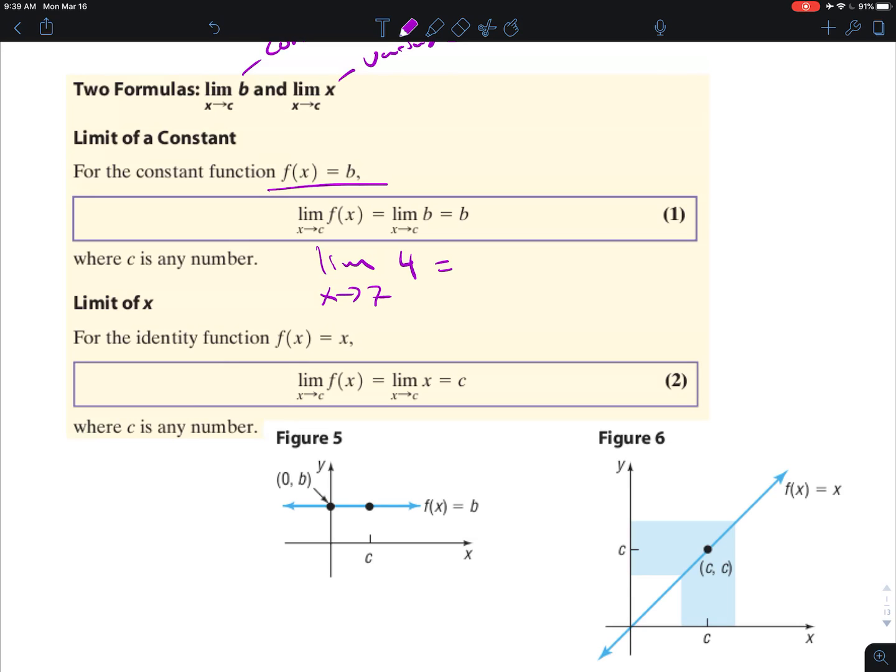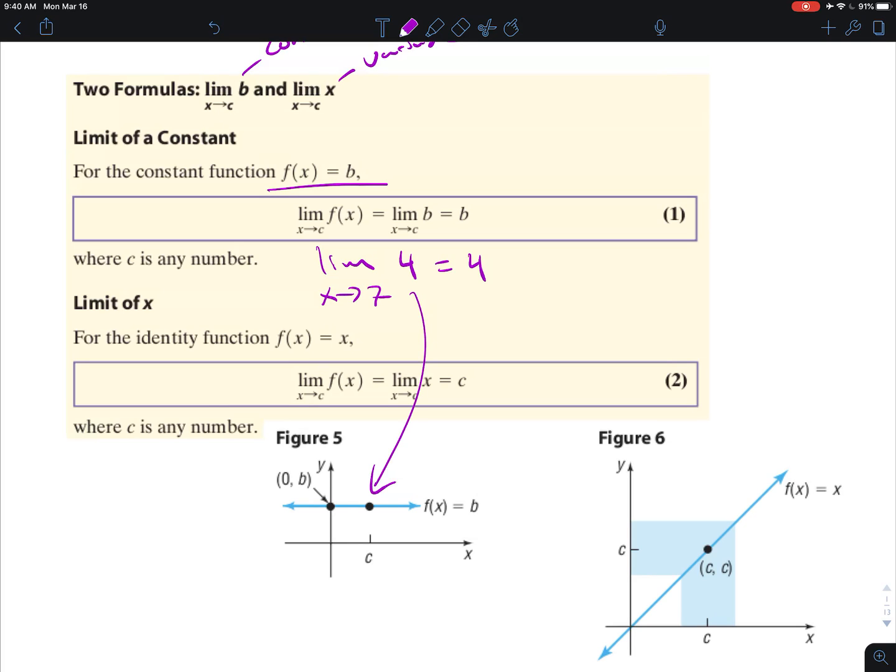Well, that's going to just be equal to 4. Because as you could see down here, regardless of what your c value is for this horizontal function, y equals a number, b in this case, it's going to be approaching that regardless, anywhere you're going. So the limit of a constant is equal to that constant.